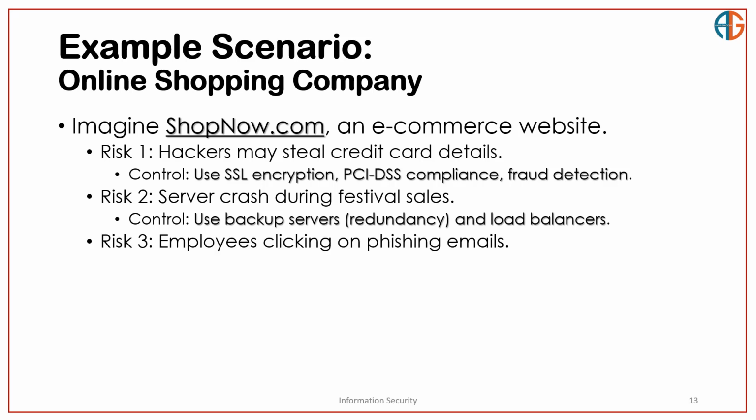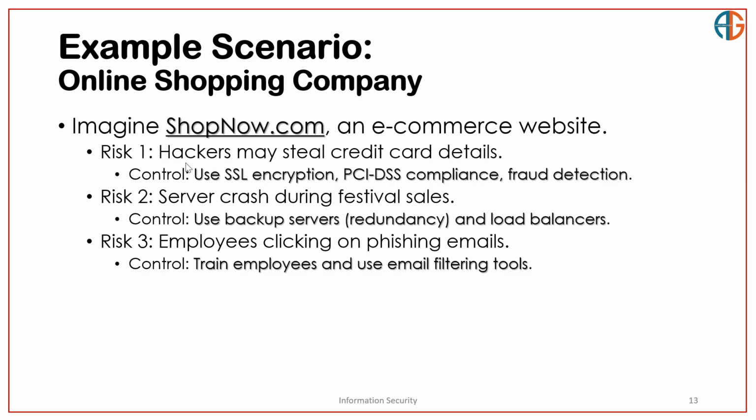The third risk is that some employees may get phishing emails and click something. For this the control is training for the employees, and the organization can use email filtering tools to restrict employees from clicking phishing emails. Here you can see three types of controls being implemented.